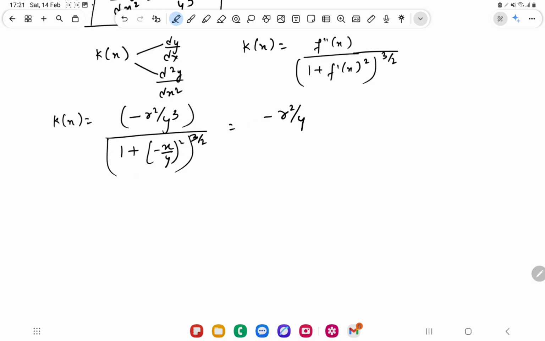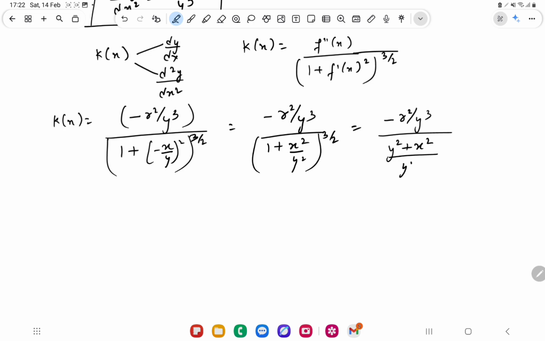So if I further simplify this, I will get 1 plus x square by y square to the power 3 by 2. I can write it as r square by y cube upon, I can take y square as LCM, to the power 3 by 2, and earlier also I have written x square plus y square as r square. So I can write this as r square.